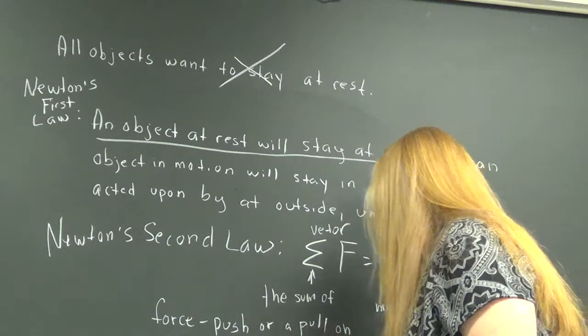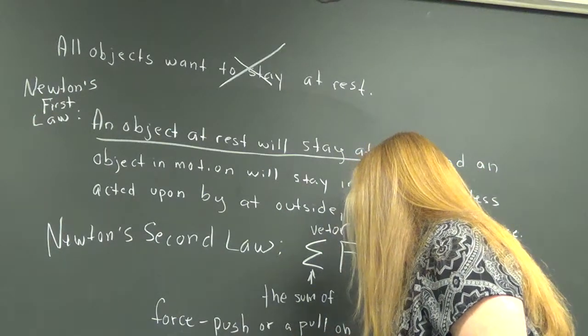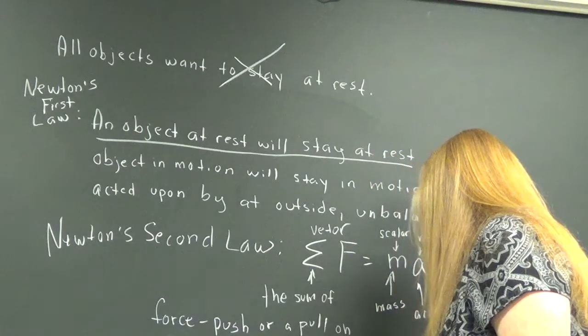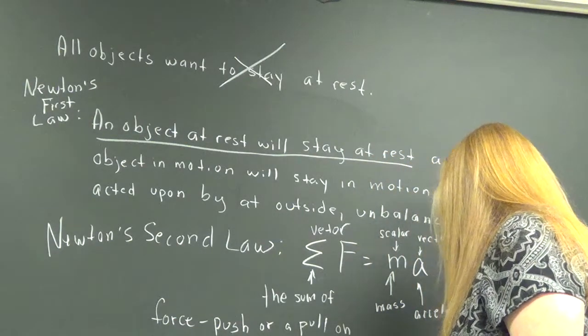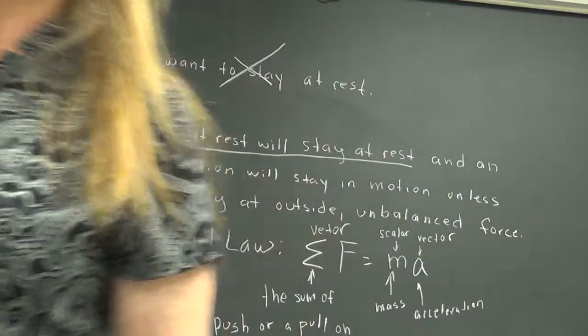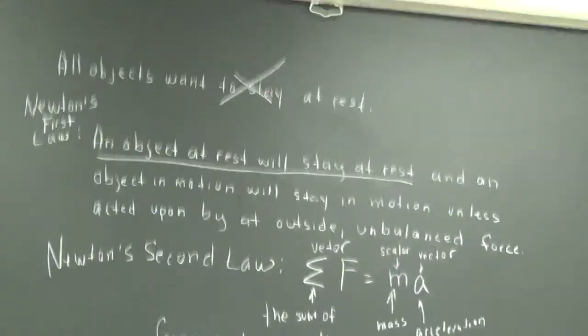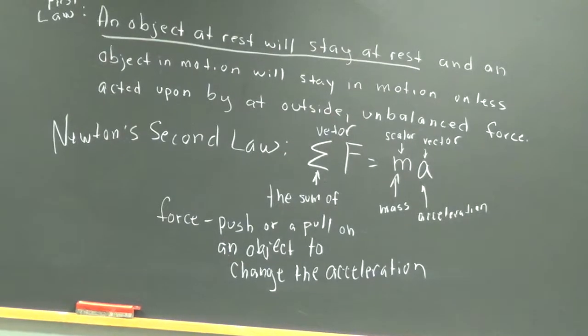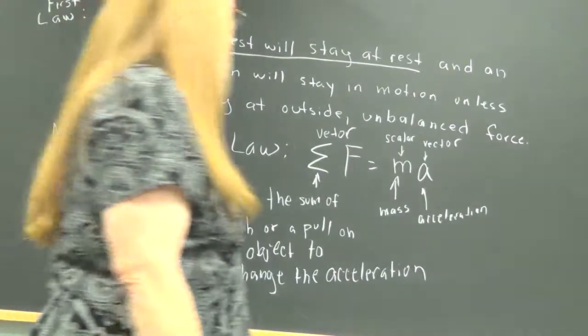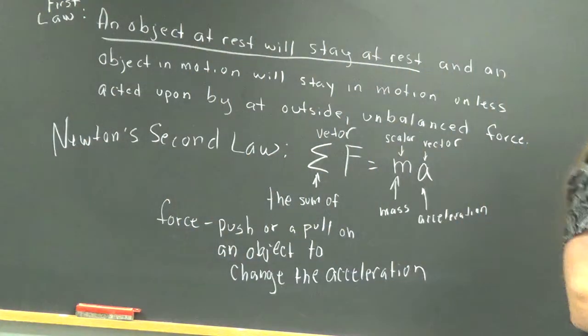To change its acceleration. So force is a push or a pull on an object to change the acceleration. All right, anything that goes on the board goes in your notes.